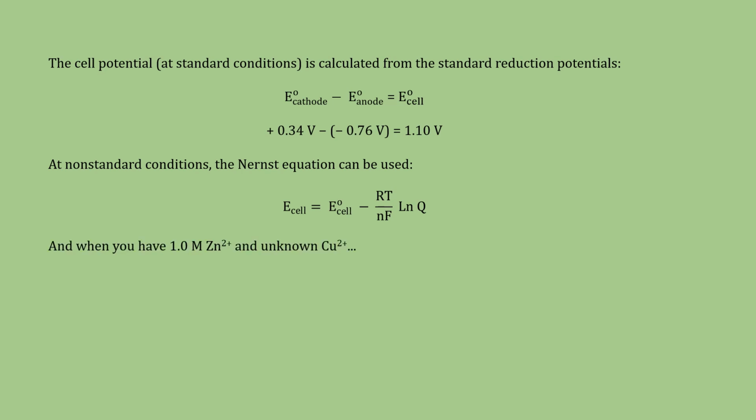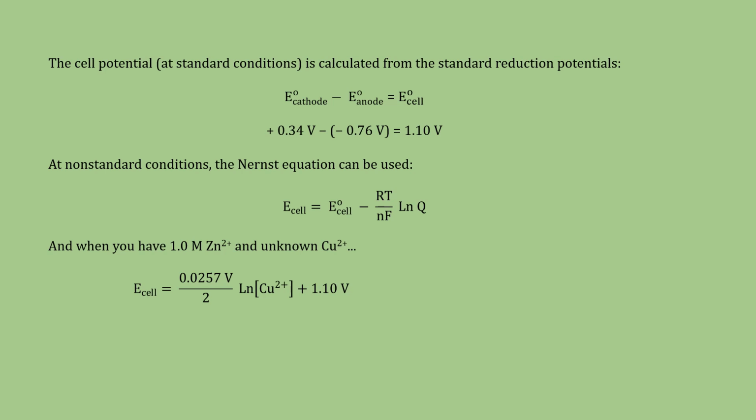Now, for this particular experiment, we'll find ourselves working with non-standard conditions and determining the concentration in an unknown copper-2 solution. For this part of the experiment, that is part 3, the concentration of zinc will be 1 molar. With that known, we can rearrange the Nernst equation into the form which appears on the screen.